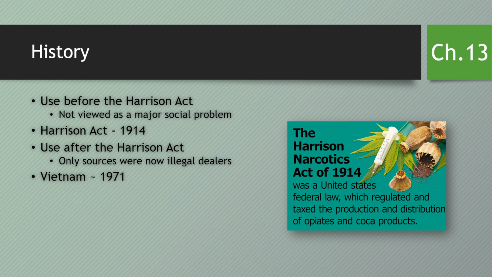Also, we see this use in Vietnam was a big part here as well, around 1971. This was partly because heroin in Vietnam was pretty inexpensive and easy to obtain.